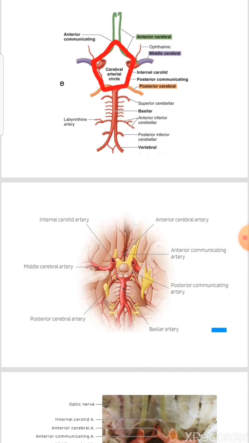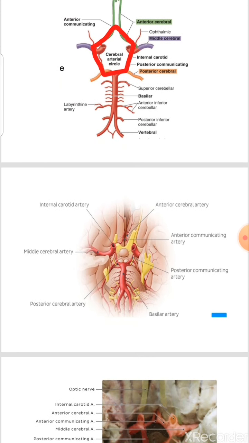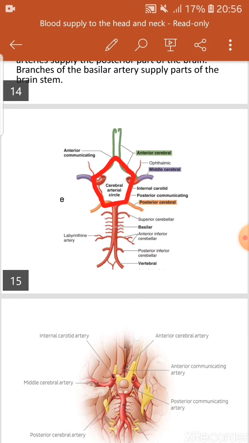If you look at the next image, we can see the levels. The posterior source, from the vertebral arteries and the basilar artery, is supplying the cerebellum, brainstem, and the posterior aspects of the cerebral hemispheres. And at the lower border of the pons, the two vertebral arteries are joining to form the single basilar artery.